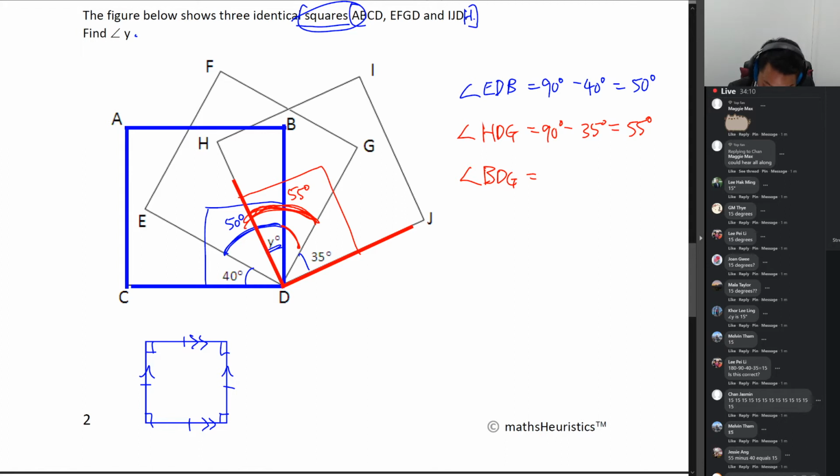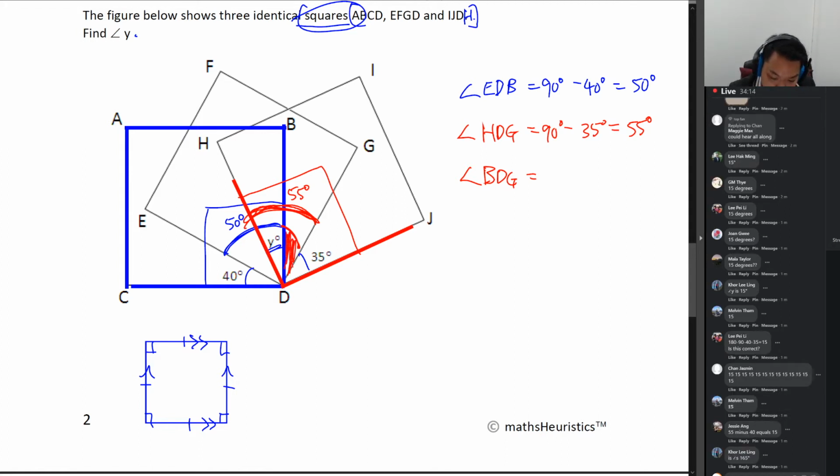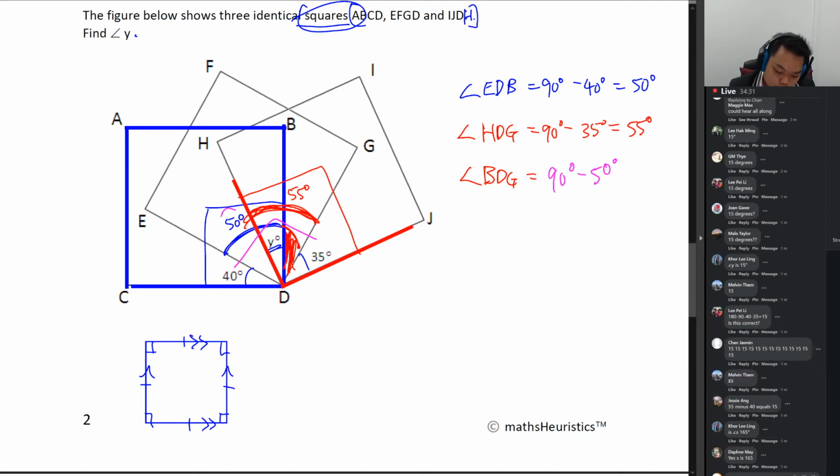Oh sorry, hang on, this angle here will have to be 90 degrees, this square's angle, minus 50 degrees over here, and that will give you 40 degrees.